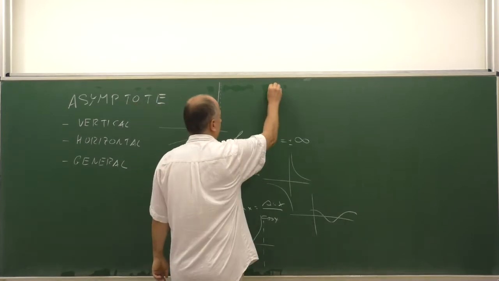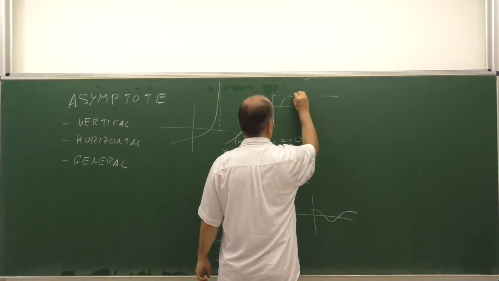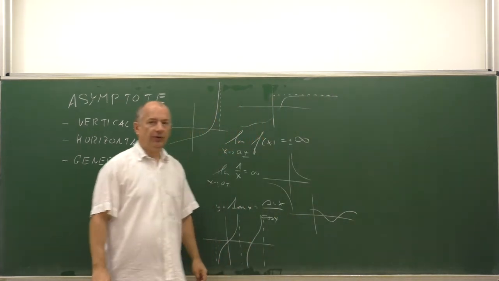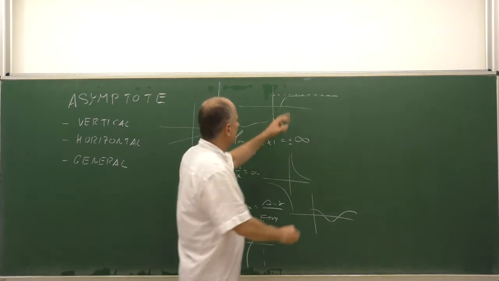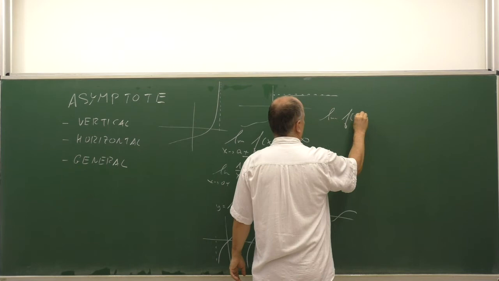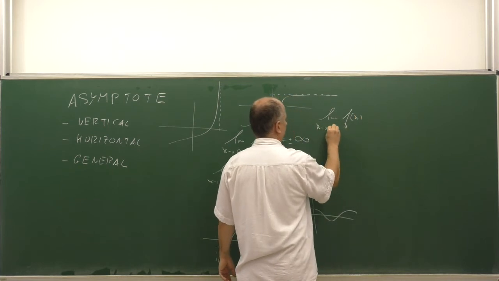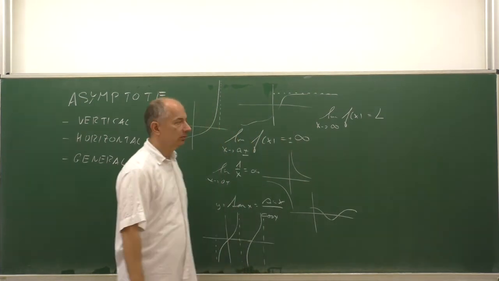Horizontal asymptote looks like that. It may happen that the graph of the function approaches a fixed value when we go far away to the right or to the left. This can be written as: the limit of the function for x approaching infinity is some finite value.